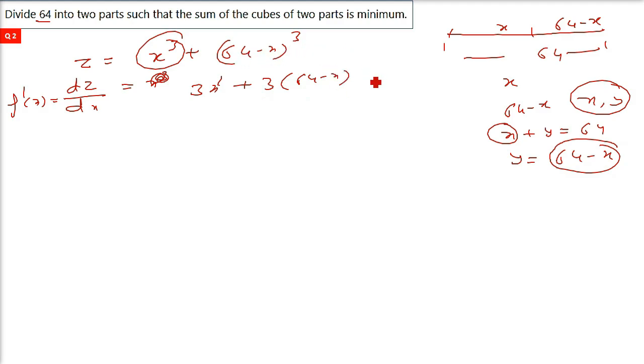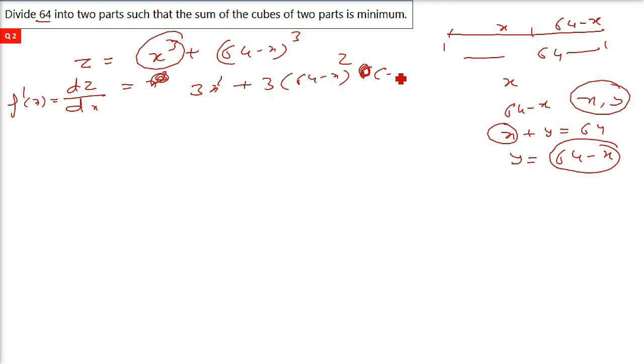So x cube differentiates to 3x square. (64 minus x) whole cube gives 3 into (64 minus x) whole square, and 64 minus x gives -1. So it will be 3x square minus 3 into (64 minus x) whole square. This is the whole thing which you are going to get.